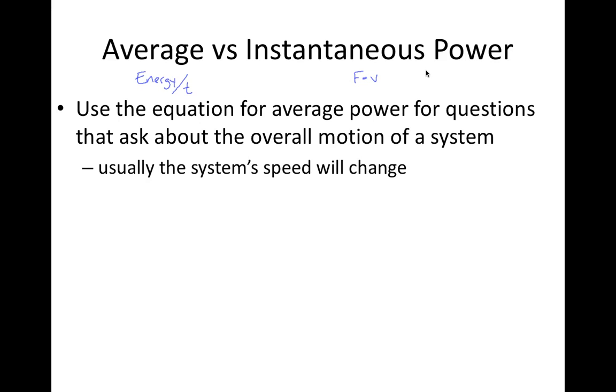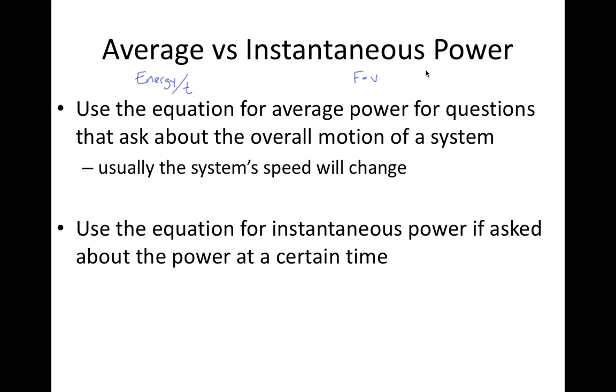And in these situations, it's very common for the speed to change. So if the speed is changing, usually force times velocity isn't going to be useful because what value would you use for velocity? If we're asked about the power delivered at a certain time, or if the velocity is constant, generally we're going to be looking at the instantaneous power form of the equation, the force times velocity form of the equation.